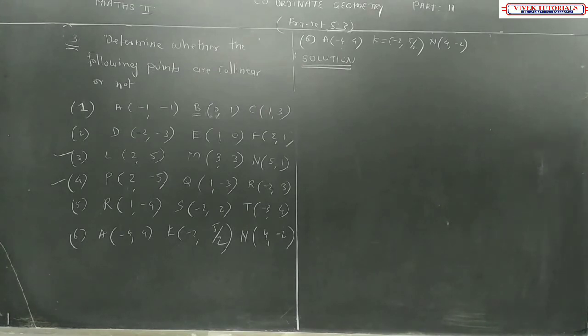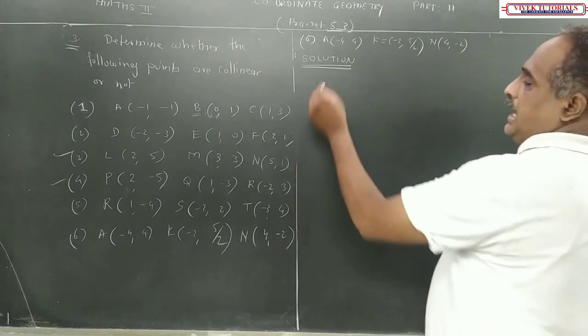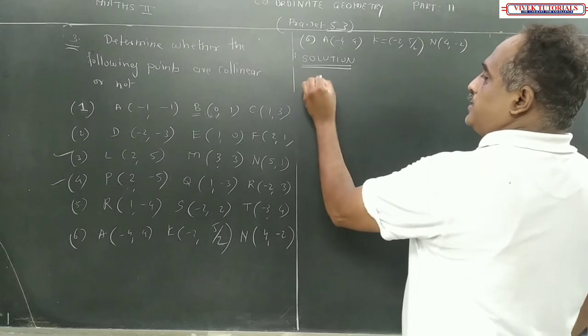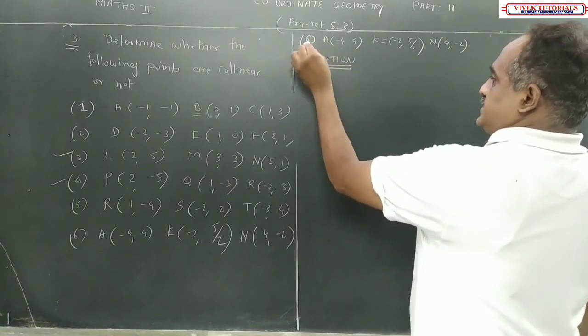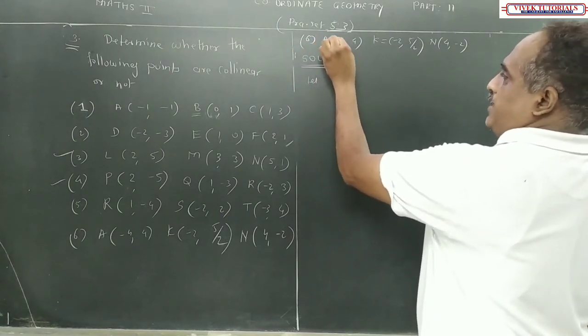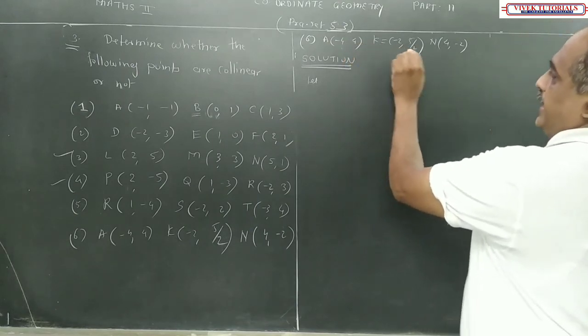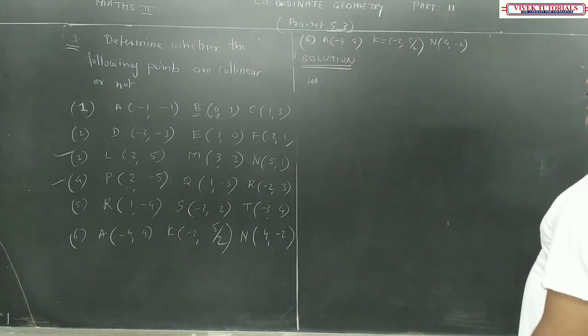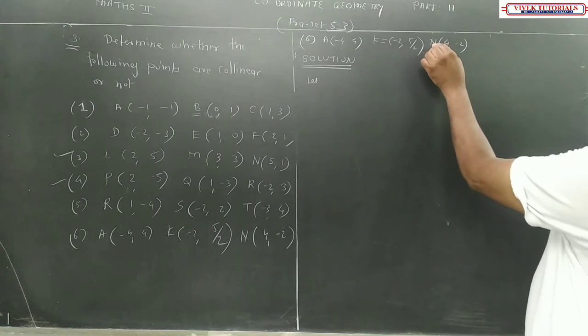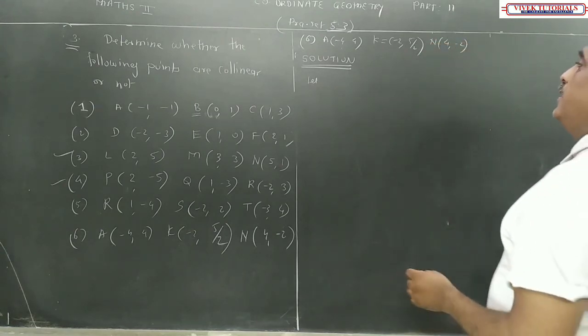Now the last question, the sixth one. See this sixth question. Point A is having (-4, 4), B is (-2, 5/2) and the coordinate of N is (4, -2).